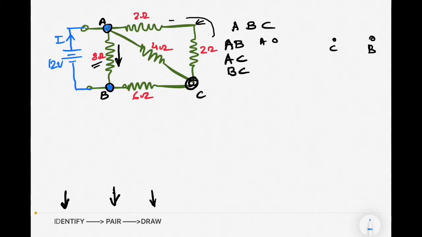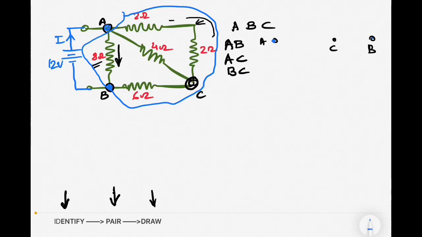So our target is to simplify this complete set of resistors in the circuit into a single resistance, so that we can convert this complex circuit into a simple circuit and solve the problem by using Ohm's law. This is our extreme points A and B, in between which we want to find the equivalent resistor.